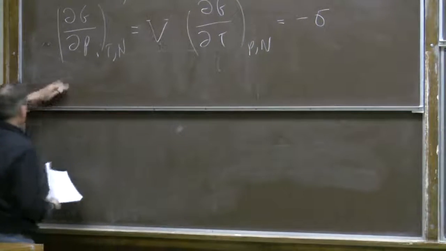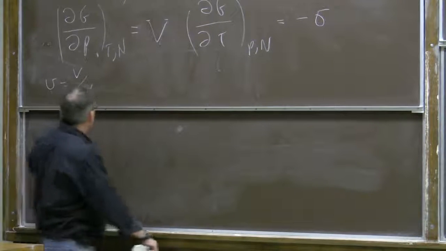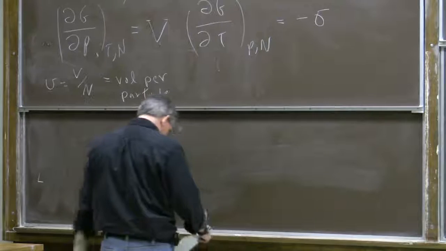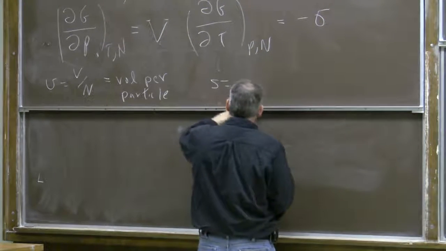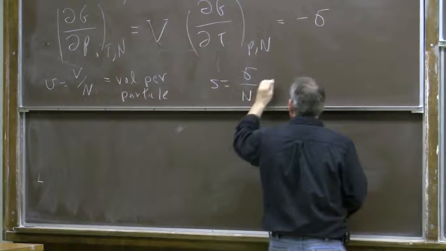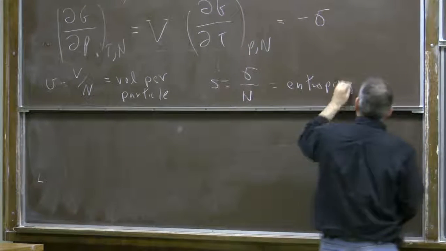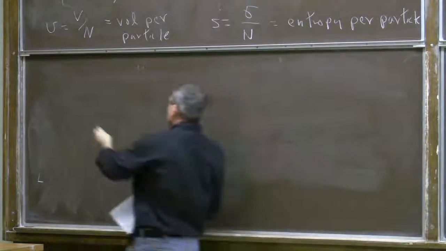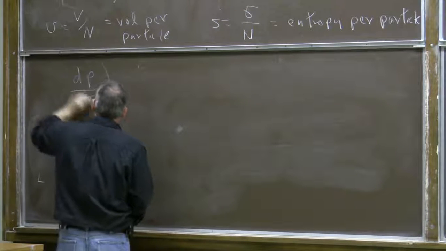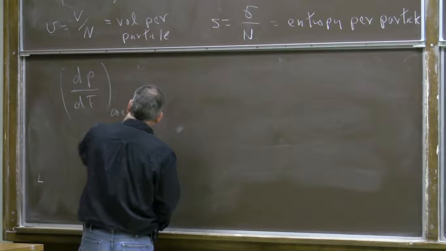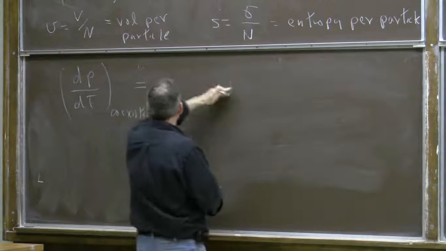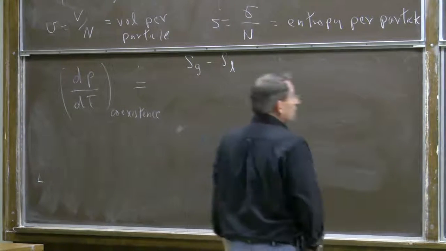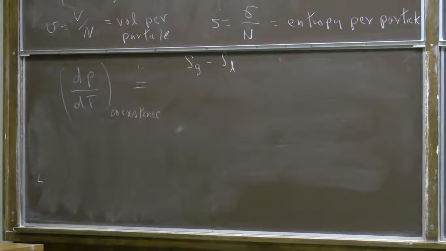So if I define little v as V over N, the volume per particle, and I define little s as sigma over N, the entropy per particle, then our expression for the slope of the coexistence curve, dp d tau along the coexistence curve, is equal to the difference between entropy per particle in the gas and entropy per particle in the liquid.